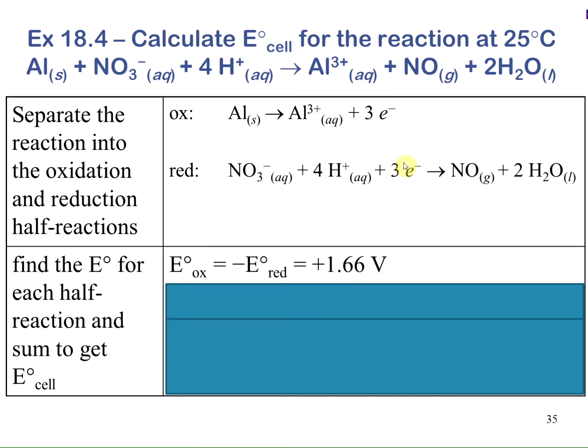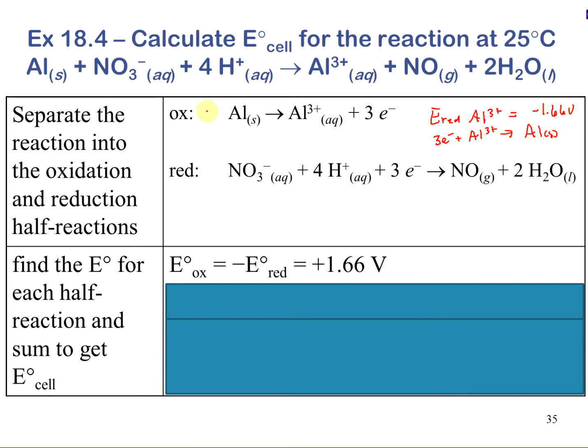My next step is to look at the oxidation and reduction potential values. When I look at my table, the reduction potential for aluminum 3+ going to aluminum solid, so it's got to pick up 3 electrons, is minus 1.66 volts.